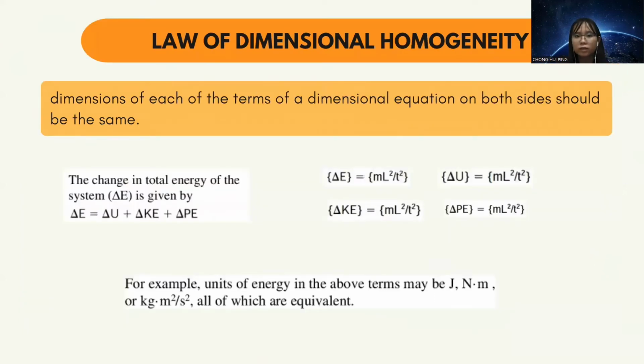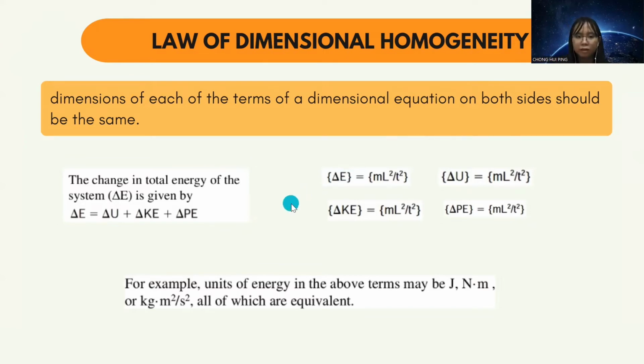Move on to the next one, the law of dimensional homogeneity. The law of dimensional homogeneity says that the dimension of each of the terms of an equation on both sides should be the same. In other words, the left-hand side should be the same as the right-hand side.